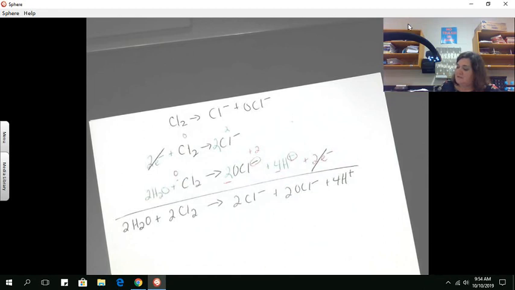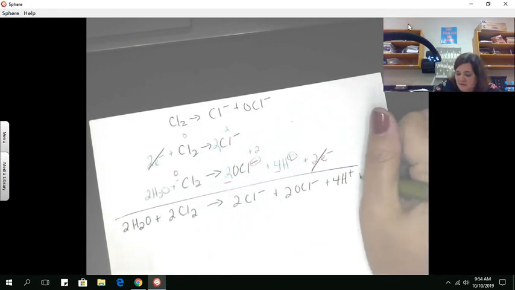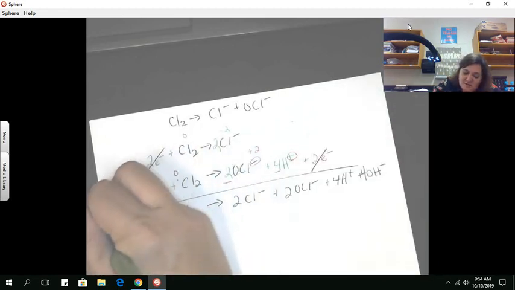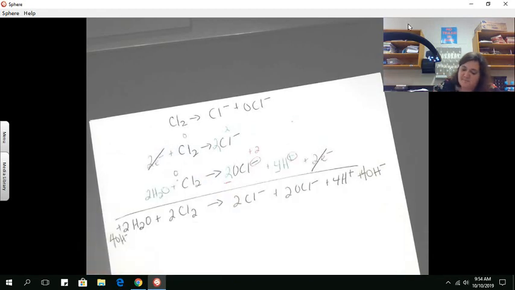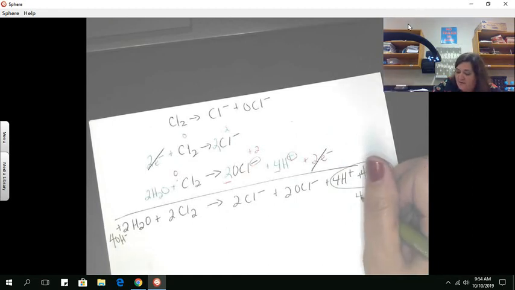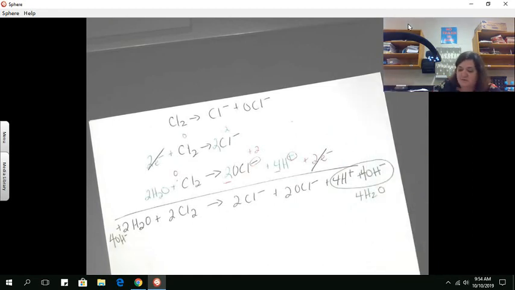But since today we're focused on a basic solution, we're going to then add our hydroxide ions. Remember, we add enough hydroxide ions to be equal to the number of hydrogen ions. So since there's 4, we would add 4 hydroxide ions, again, to both sides of the equation. Again, the ones with the hydrogen form water, so we would have 4 waters on the right.